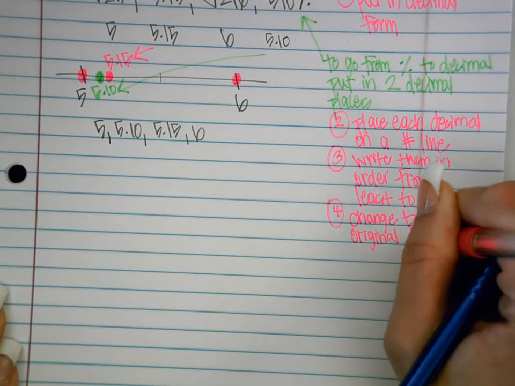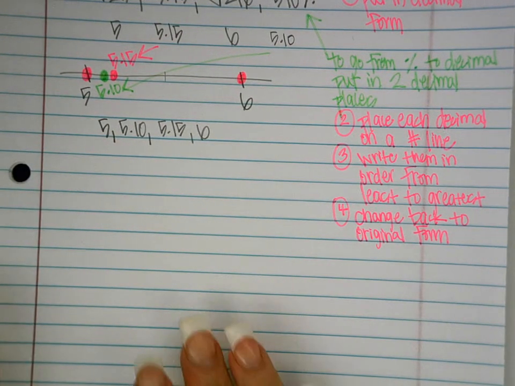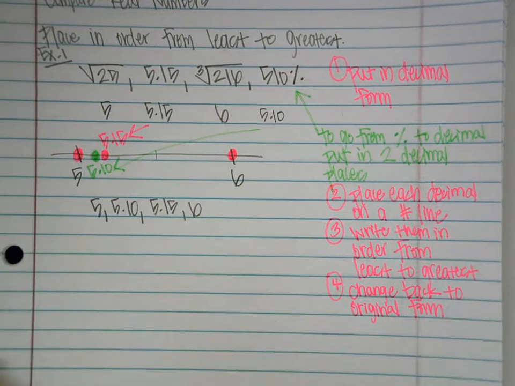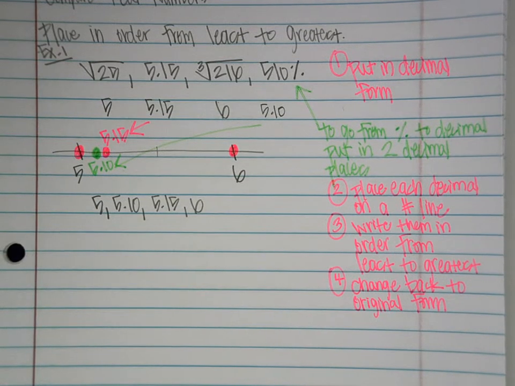So I can't leave my answer like this, okay? I want to figure out how you write them from least to greatest in this form. So I want you to change them back to their original form, and that's how your answer needs to look.